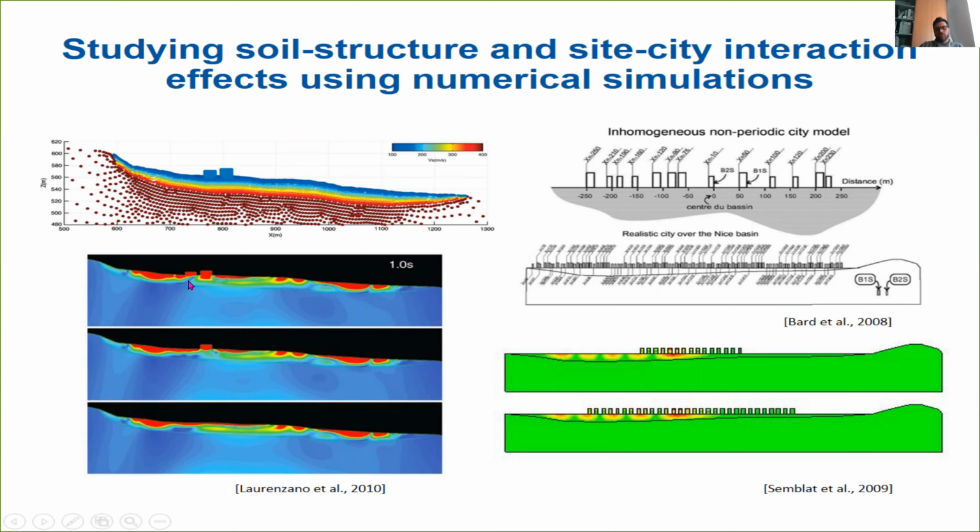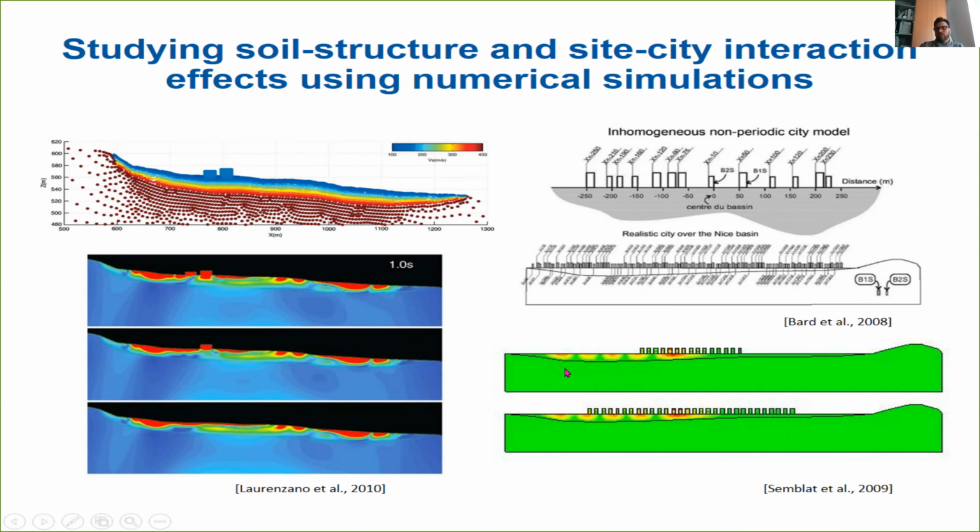And it was shown, for example, that one of the two buildings represented here could have suffered larger damage also due to the interference related to the presence of the other structure. Other studies show that for some distributions of building structures, especially over a sedimentary basin, locally the presence of the buildings could increase or decrease the level of shaking.